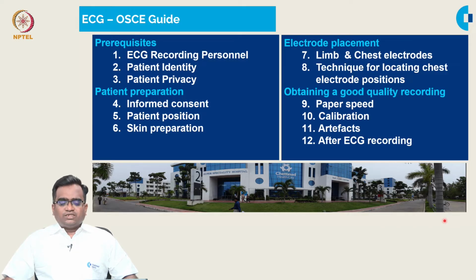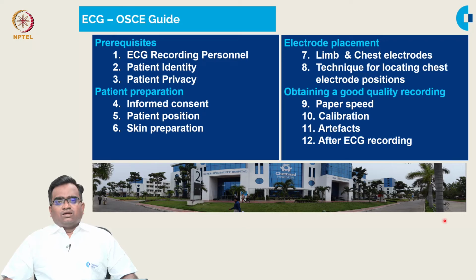Next is patient preparation. Under patient preparation, we are going to learn how to get informed consent and how to place the patient on the couch. Next, we are going to learn how to prepare the skin for the placement of electrodes. Under electrode placement, we are going to learn how to place the limb leads and where to place them, as well as the chest leads, that is, the techniques for locating the chest leads.